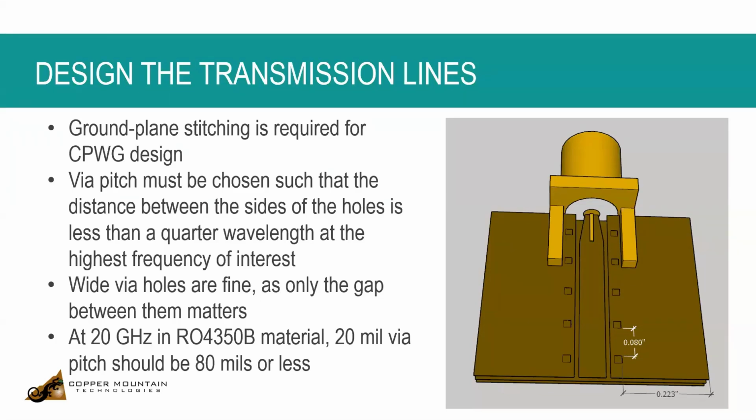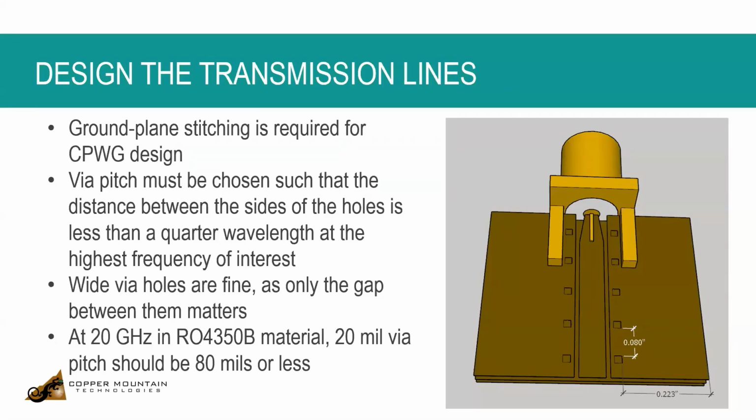So what does that tell us? You could use very, very small vias on each side stitched close together. You can, but you don't really need to. You can use fairly large vias and just make sure that from the side of one via to the side of the next adjacent via, that gap is what you want it to be.